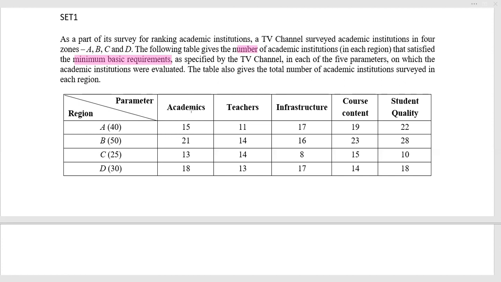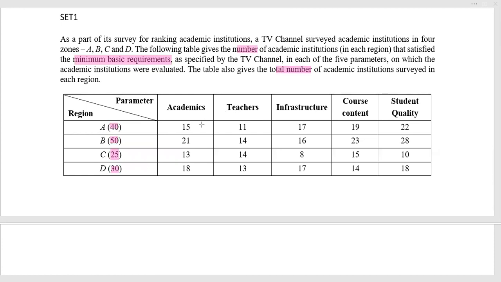The parameters are academics, teachers, infrastructure, course content, and student quality. The table also gives the total number of institutions surveyed: 40, 50, 25, and 50 in each region.